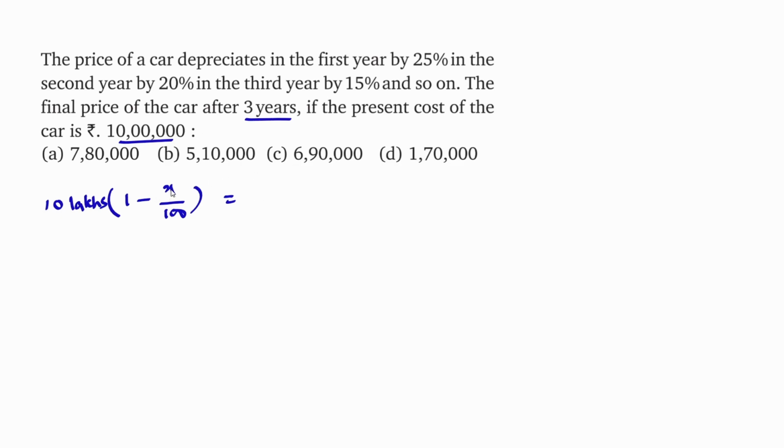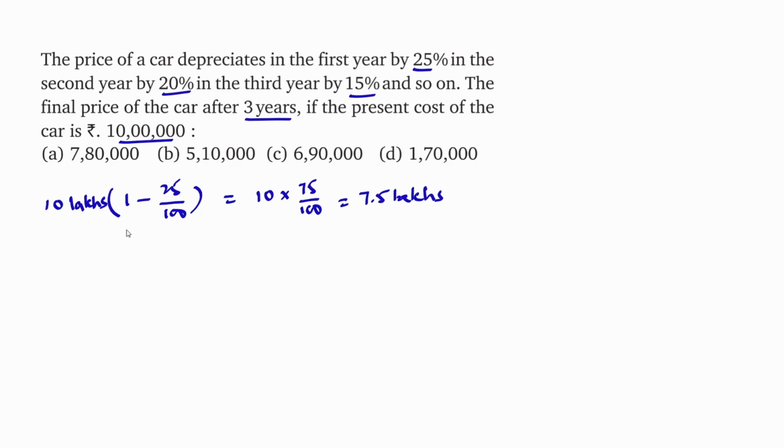If the depreciation is, let's say, 25%, it would become 10 lakhs times 1 minus 25 by 100. That is 10 lakhs times 75 by 100, which is 7.5 lakhs. So we need to do that three times, once for 25%, then 20%, and then 15%.